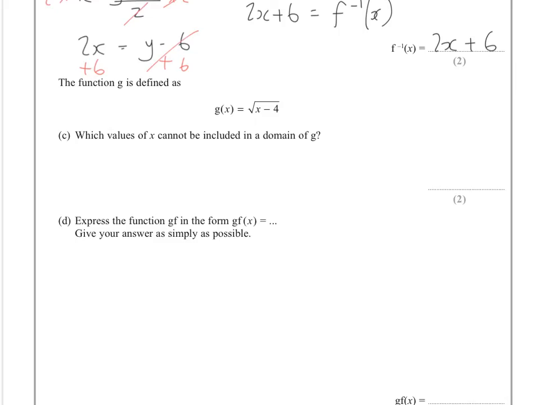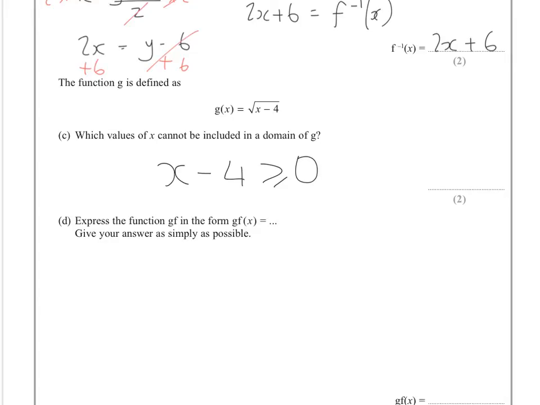Which values of x cannot be included in the domain of g? Domain is another word for input, so which input values cannot be included. Now, we know that we cannot square root a negative number, so x minus 4 must be greater than or equal to 0. If it's less than 0, it's negative.